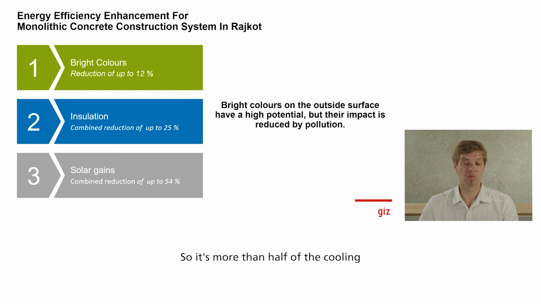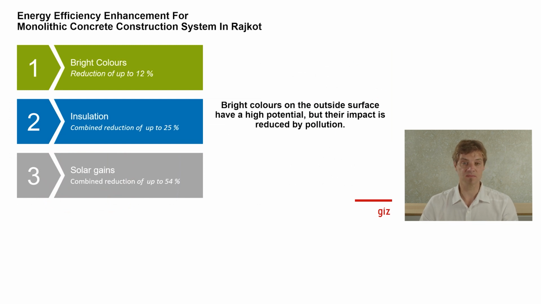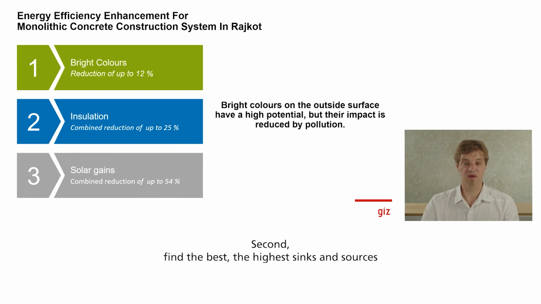So it's more than half of the cooling demand that we can reduce by just going through these 3 steps. So first, calculate the basic construction. Second, find the highest sinks and sources and optimize them in order to reduce the energy you need and reduce the energy demand.